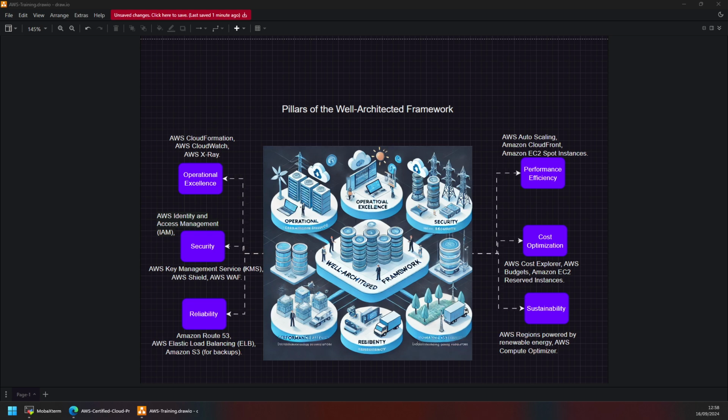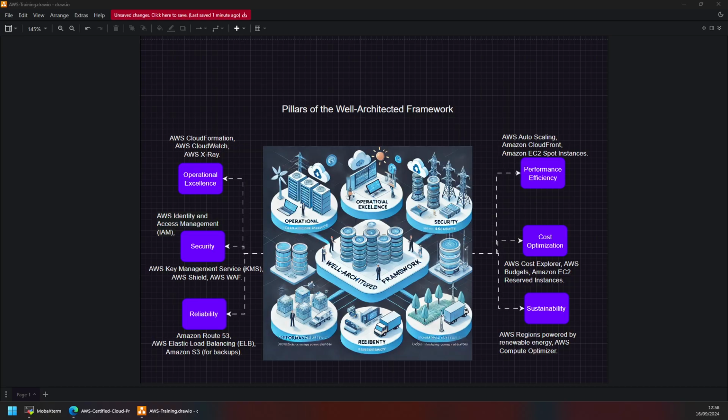Now, do remember that there is a key difference between the pillars, which can overlap each other. Operational excellence ensures that the system can be efficiently managed, while security ensures that the system and the data are protected. Reliability focuses on making the system fault tolerant and highly available, while performance efficiency ensures the right resources at the right time.